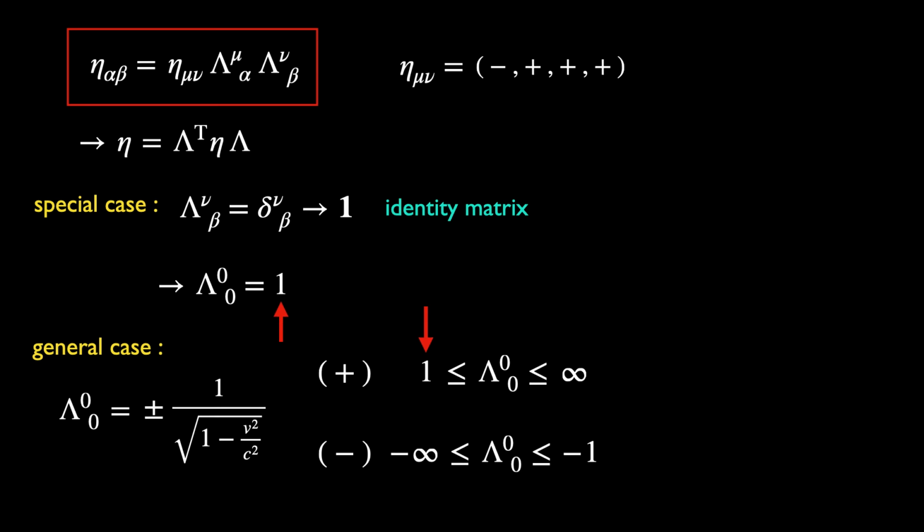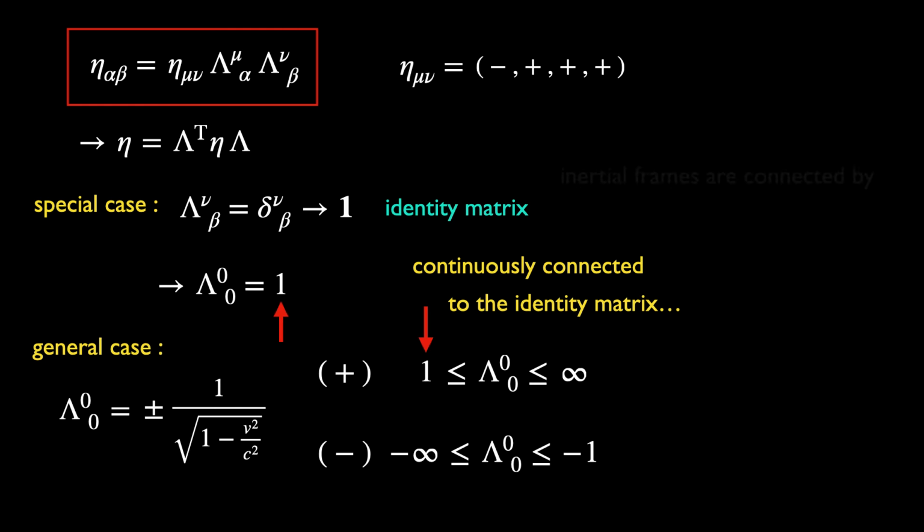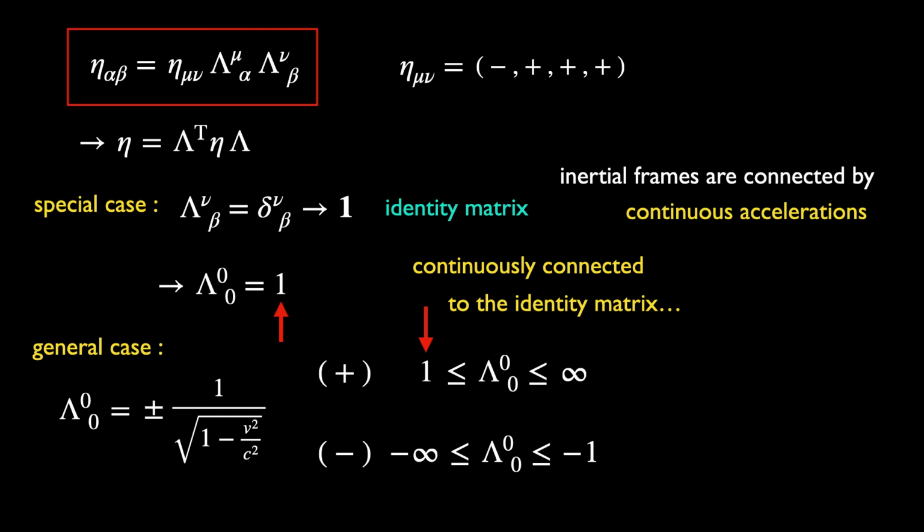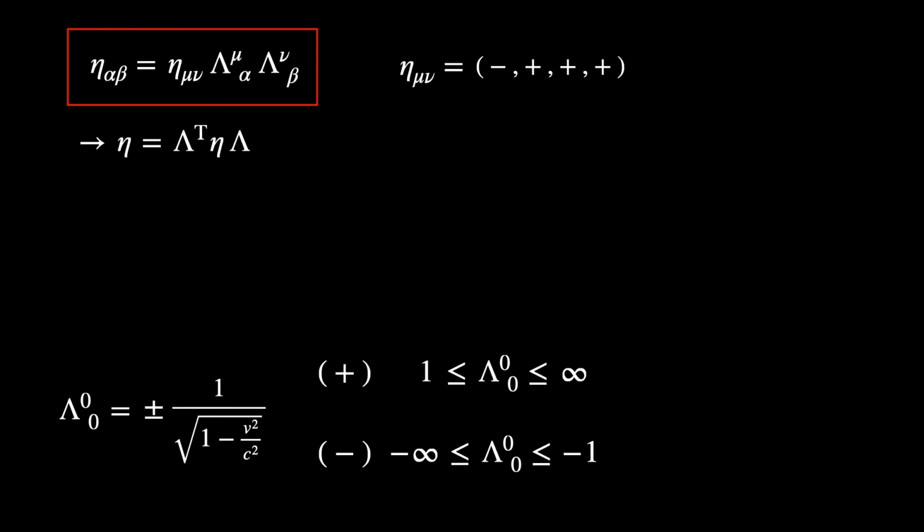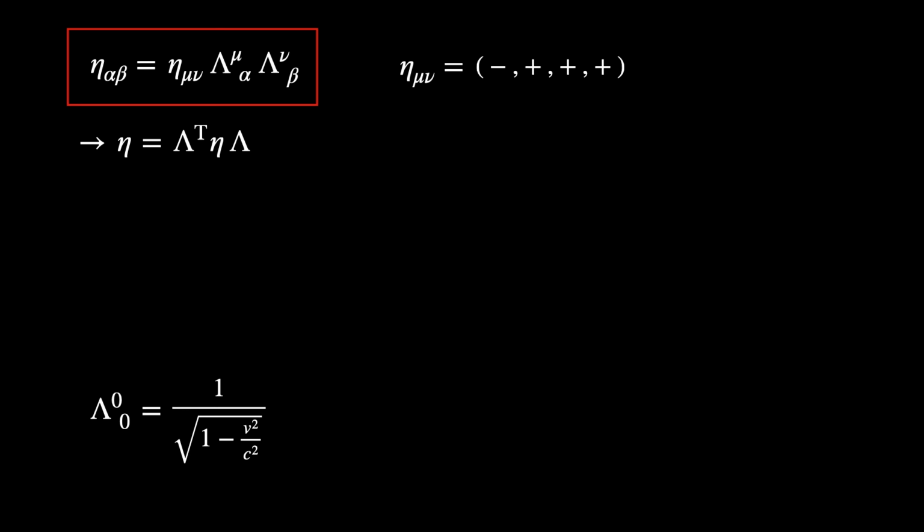This is what we mean when we say that lambda is continuously connected to the identity. Therefore, by choosing the positive branch, we are studying a family of inertial observers that could be connected by continuous accelerations. This expression is often notated by gamma.